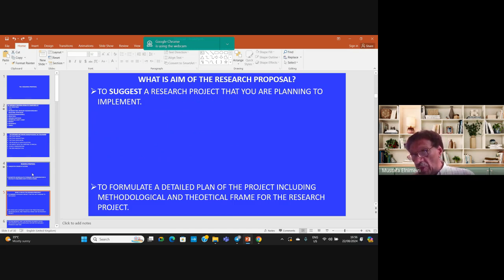For example, in the introduction, you give background information about the problem generally, in a general background, and as well as about any gaps that are existing in the database, and you are trying to conduct the study to fulfill such gaps. And also the methodological frame, which methods you are planning to adopt, as we have mentioned in details, that you need to describe the study design, the study setting, or the study area, study population, etc.